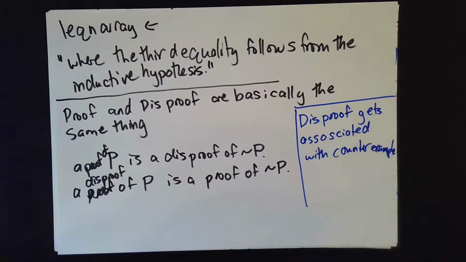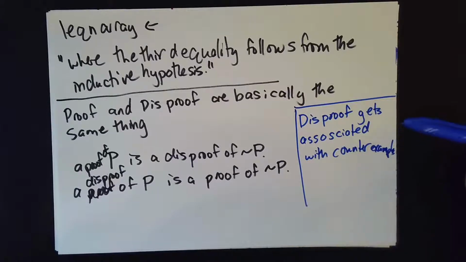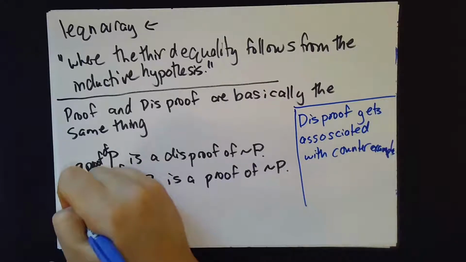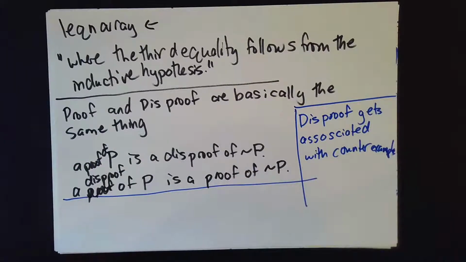But if you go back and look at when we first talked about counterexamples, only very specific kinds of statements get disproven with counterexamples. Namely, what kind of statement is it that you can disprove with a counterexample? What does it have to start with?